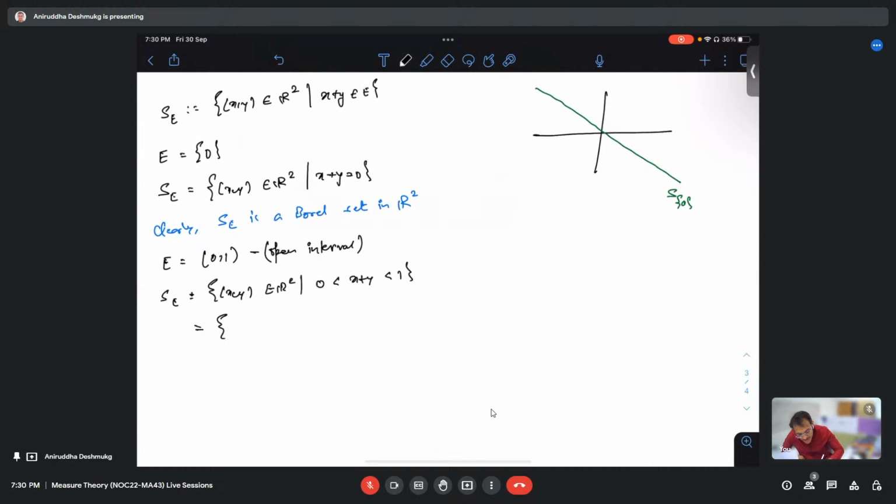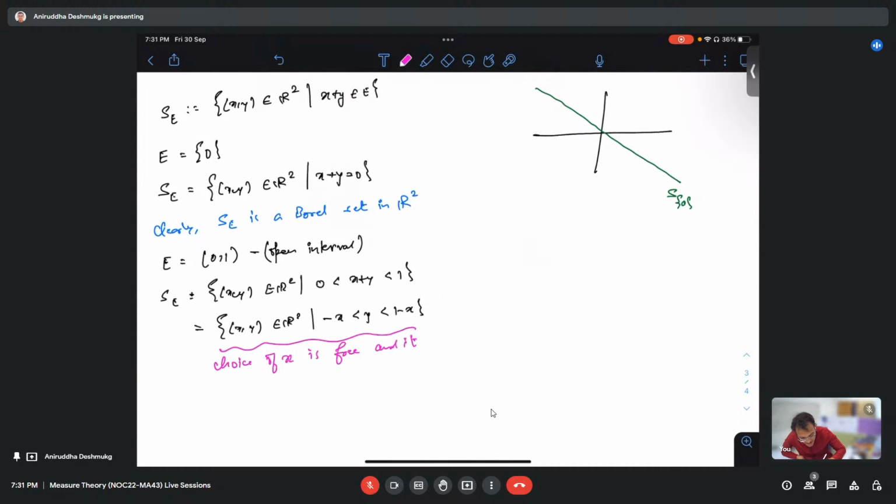Or what is the same, I can write: look at all those (x,y) in R2 such that minus x is strictly less than y, which is strictly less than 1 minus x. So here, notice that the choice of x is free, just as was in the previous case. So choice of x is free and it puts a restriction on y.